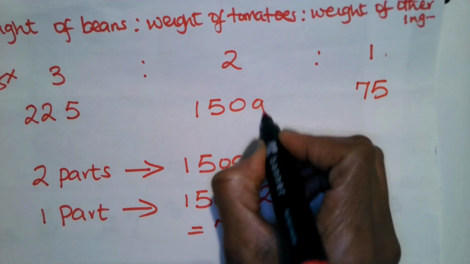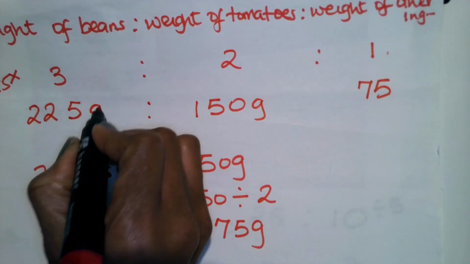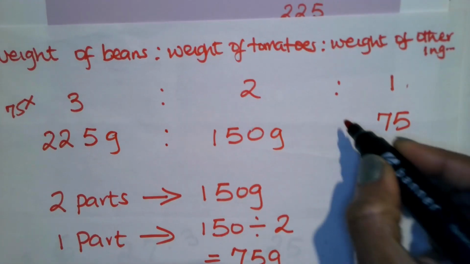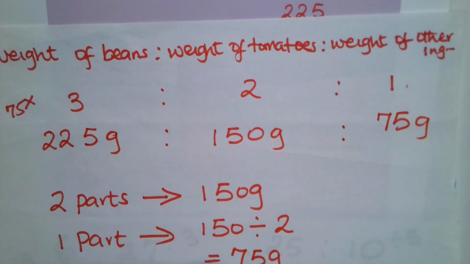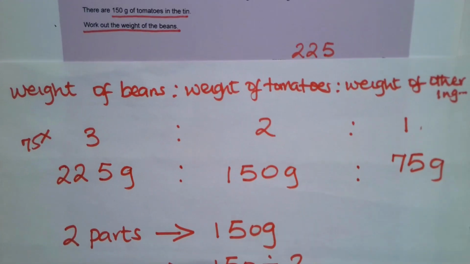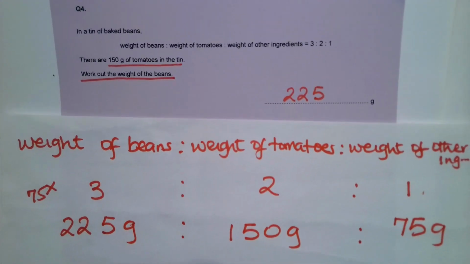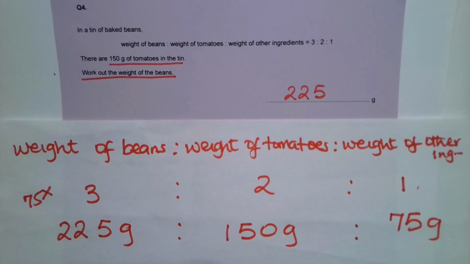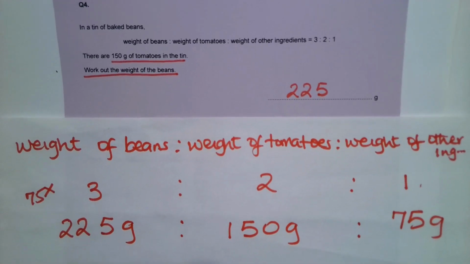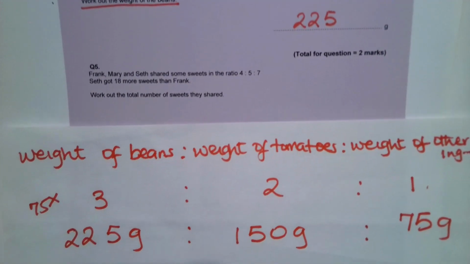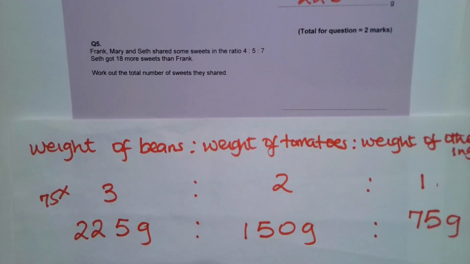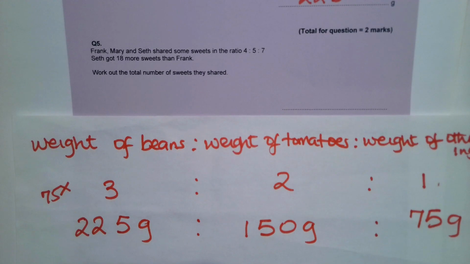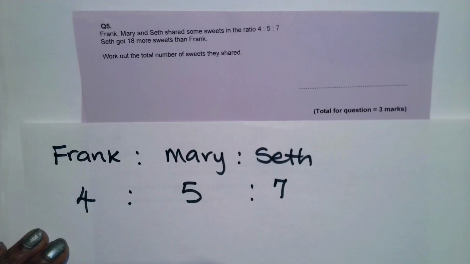So this is 150 grams, and this is 225 grams, and this is 75 grams. So we have worked out question 4. The next question we're going to look at will be question 5. This is another type of ratio question.